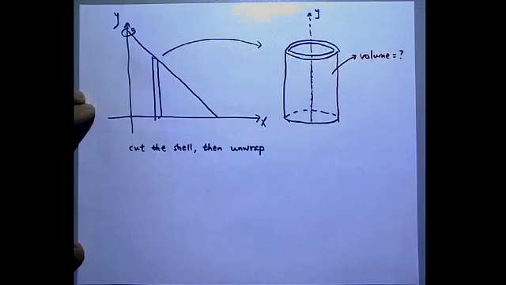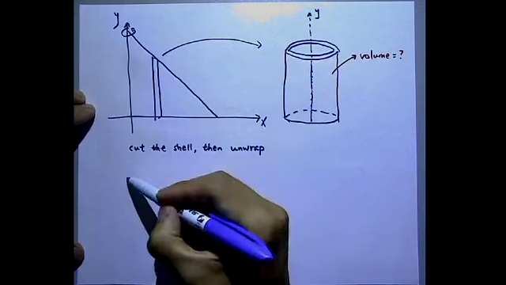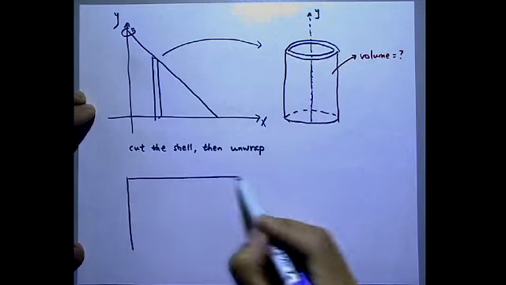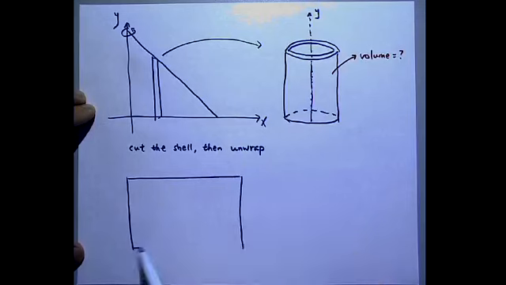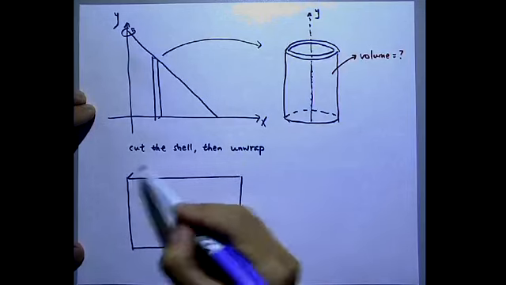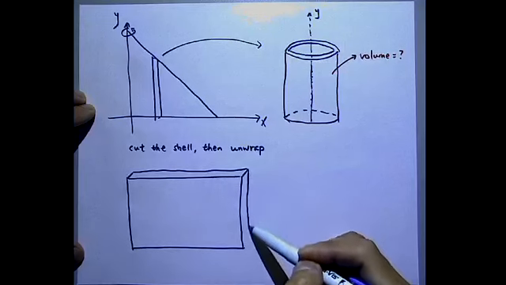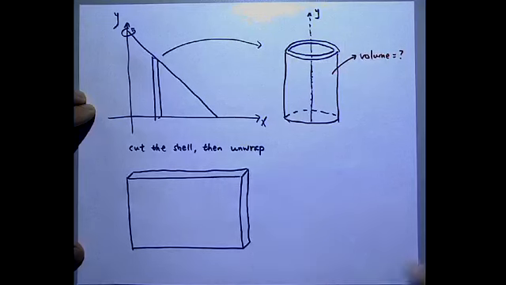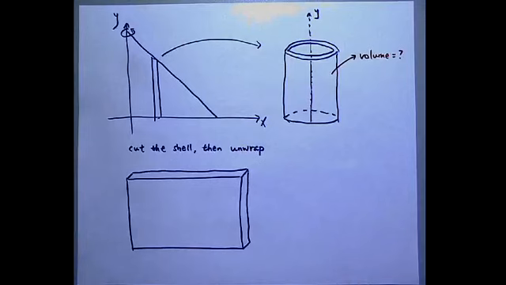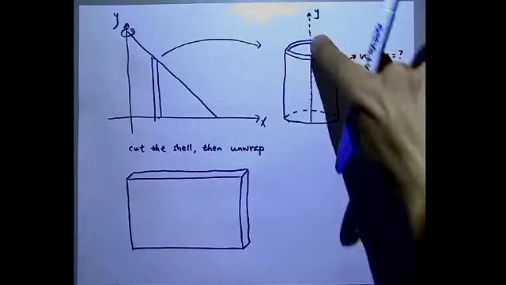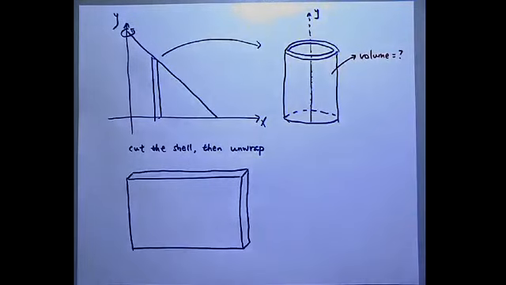I get a rectangular slab, right? It looks something like this. I'll exaggerate the thickness here, just so we can really see what we're dealing with. Okay, so we take this, take a cut, and then unwrap this thing.